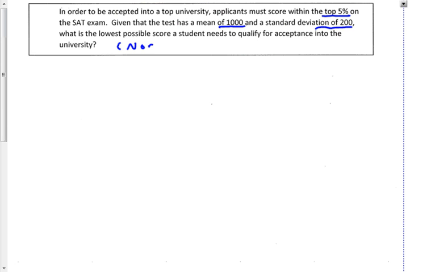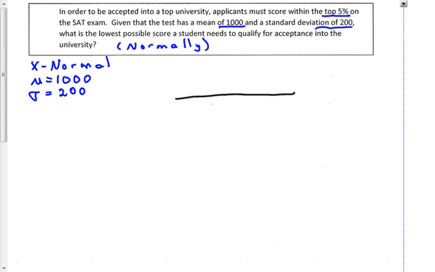It is a standardized test, so it has been normalized. So it is normal. It has a mean, which is given to us, and a standard deviation, which is given to us. The question asks for that top 5%.